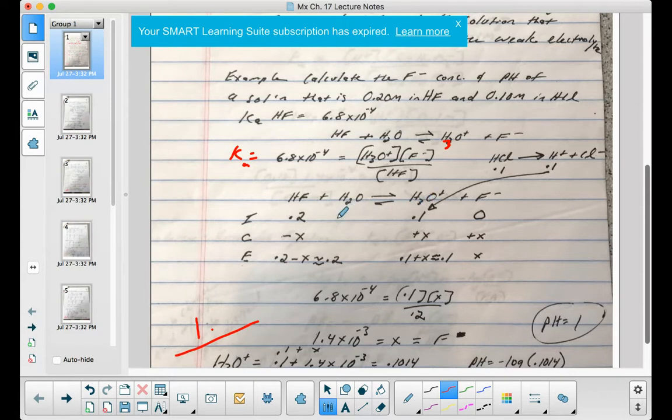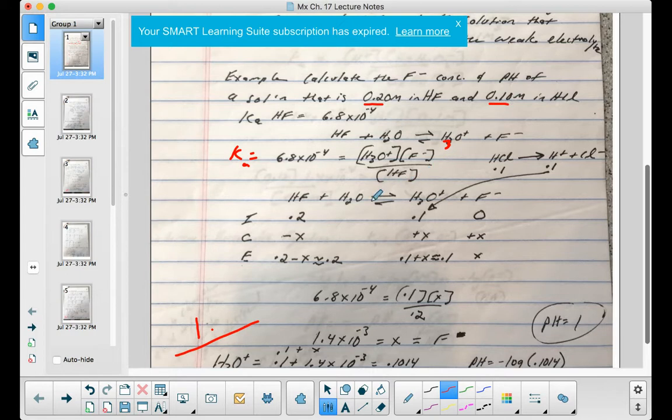So here's what I know. I start out with 0.2 molar HF, that's given here. And I also know that I start out with 0.1 molar HCl.